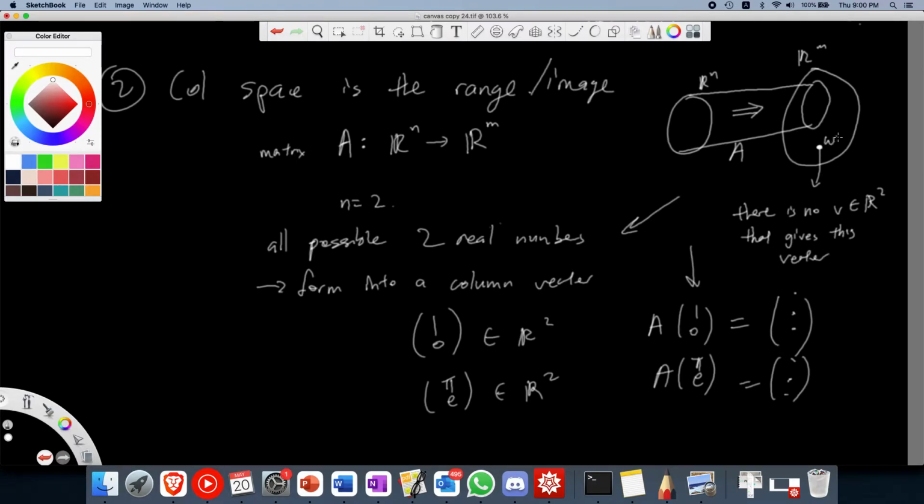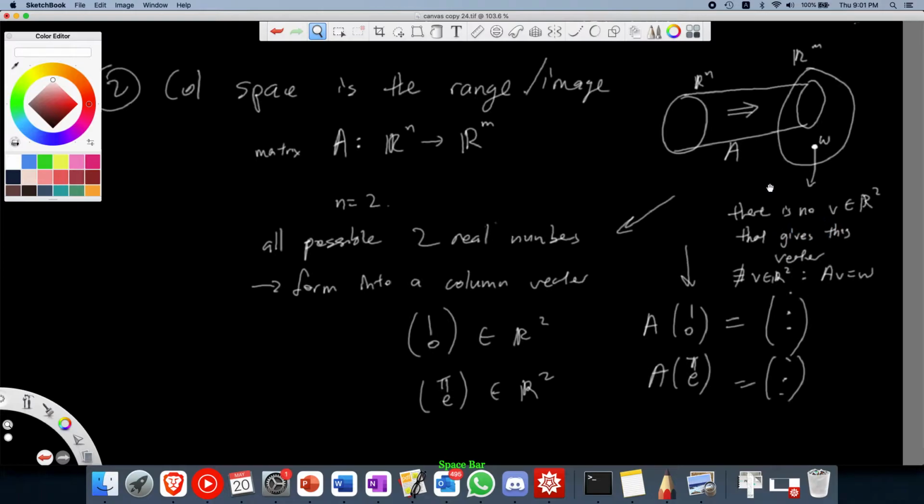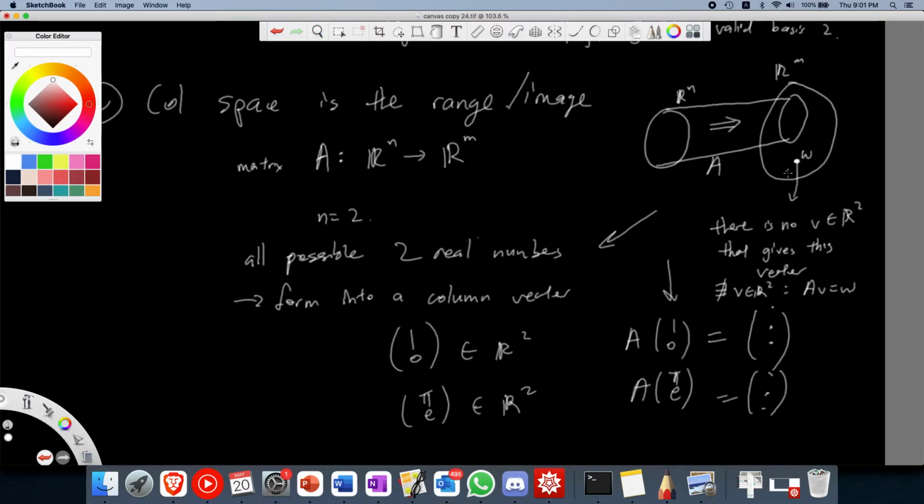So if there's a w over here, then there does not exist v in R2 such that Av equals w. So if in fact all the vectors are covered, then we call this map an onto map. But in most general cases, especially where n is smaller than m, Rm would not be covered completely. So this space is what we call the image of this linear transformation.